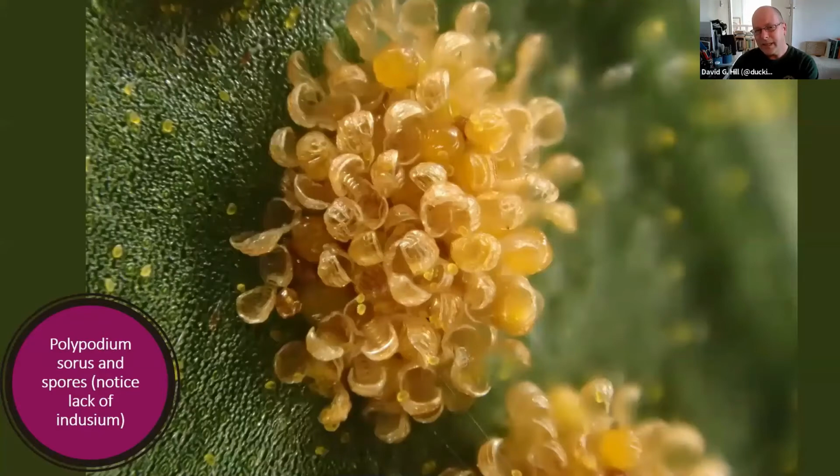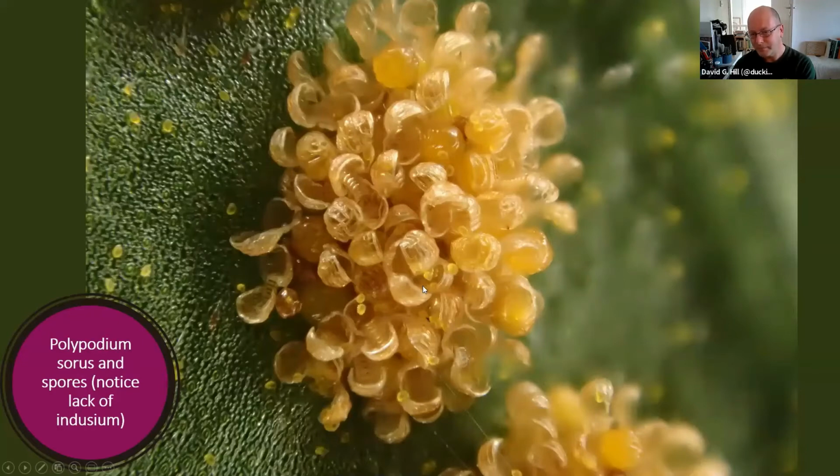You can see these are the sporangia, slightly buff-coloured football-shaped structures, and then these split open as they ripen, and you've got these tiny little, in this case, yellow spores that you can just make out dotted over the frond.